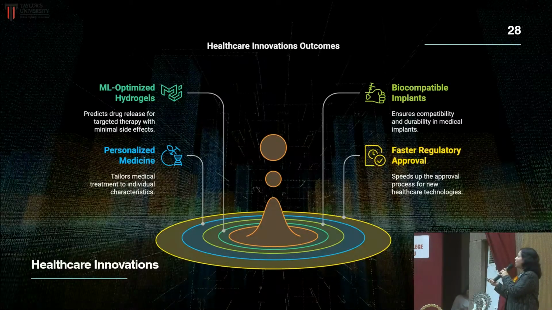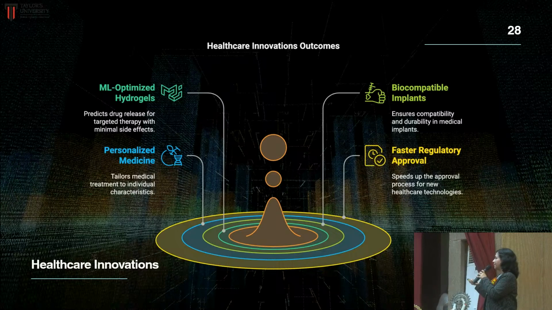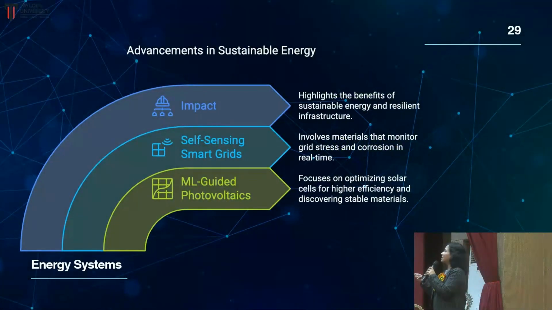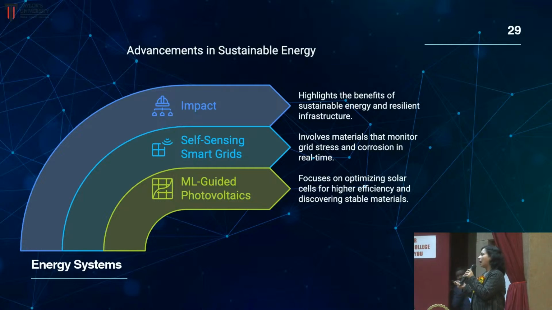Then biocompatible implants are there, faster regulatory approvals can be there. Then advancements in sustainable energy. Again, it highlights the benefits of sustainable energy and resilient infrastructure. Then self-sensing smart grids are there. ML-guided photovoltaics are there. So all this is based on the energy systems.